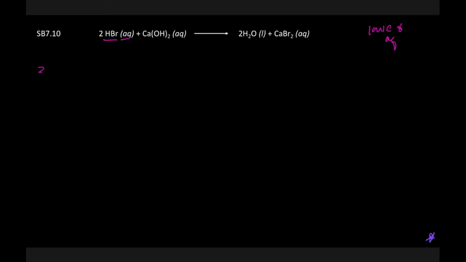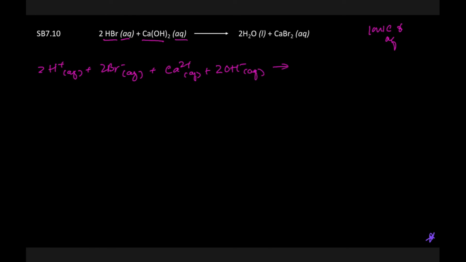So we have 2 H plus aqueous and 2 Br minus aqueous. We have ionic aqueous, so we have calcium 2 plus aqueous and 2 hydroxide ions aqueous.